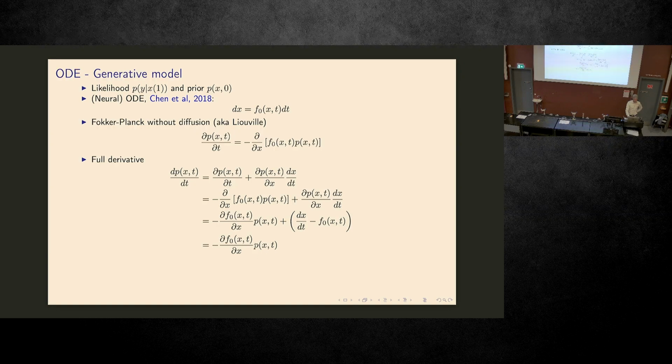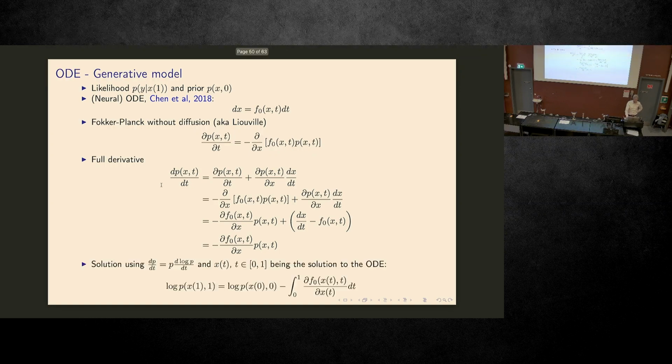And you can see now we have this p here on the other side, so we can divide by that, and then we can use this log derivative trick again, and we get a simple differential equation for the log marginal distribution, and we can integrate that equation.